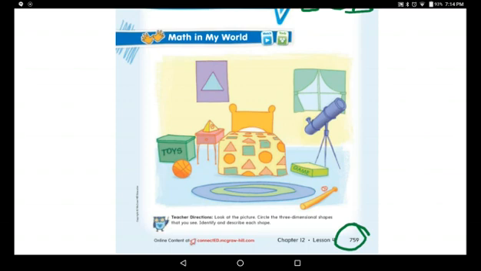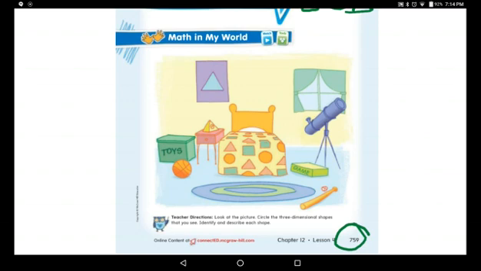Look at the picture. It is a bedroom. Circle the three-dimensional shapes that you see and then identify and describe each shape. Let us circle together the three-dimensional shapes and we will talk later why they are three- and not two-dimensional shapes.